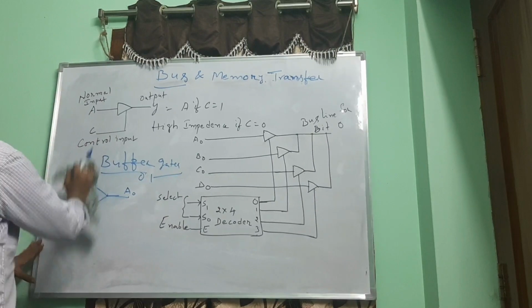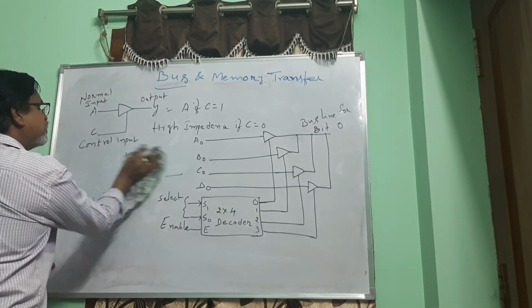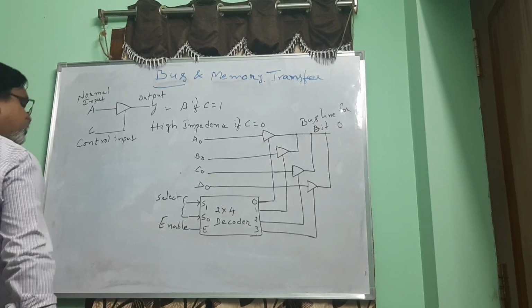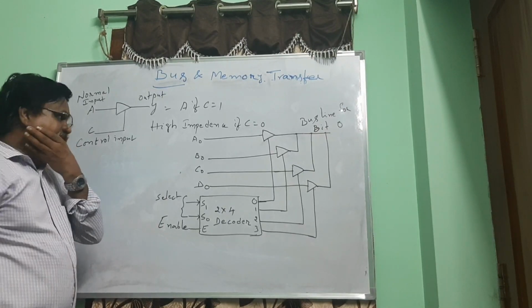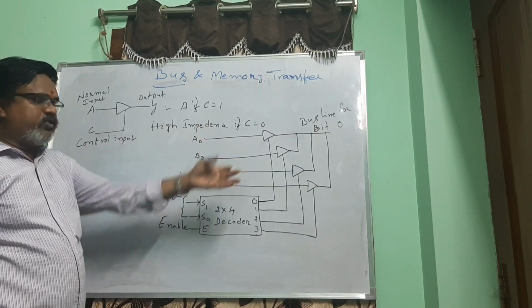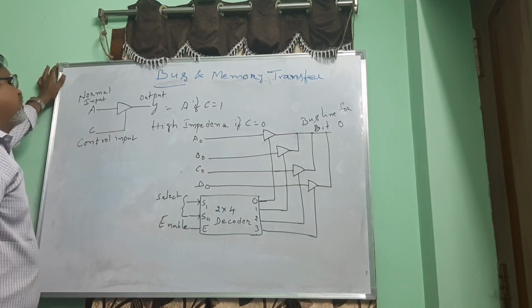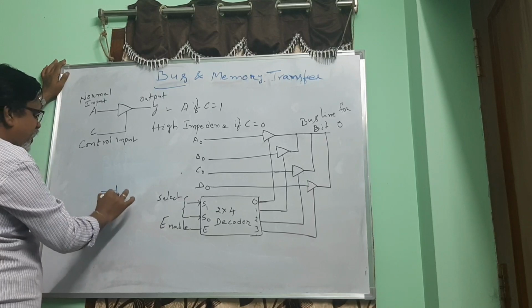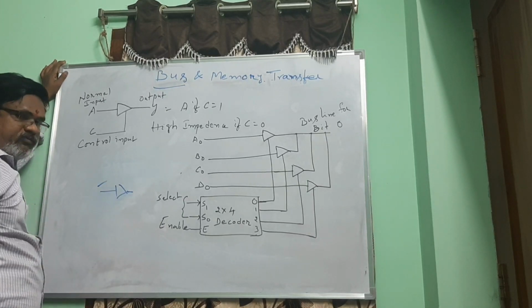Now, using this buffer gate, we have to transfer the data onto the bus. So before you go to this diagram, first let us discuss here. Generally, as we discussed, a buffer gate has a single input.